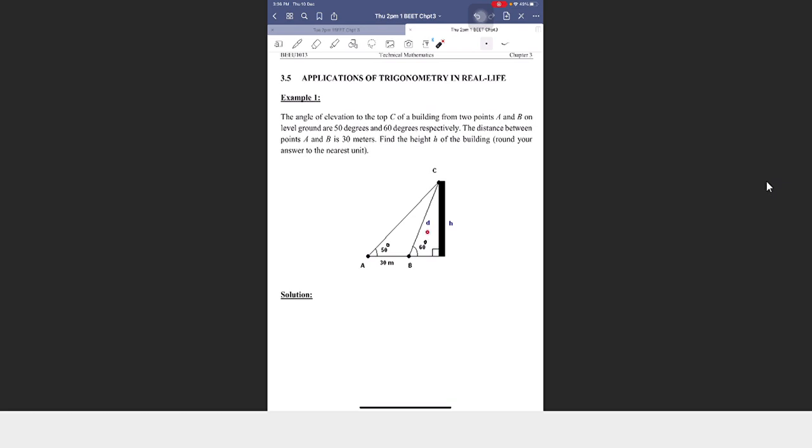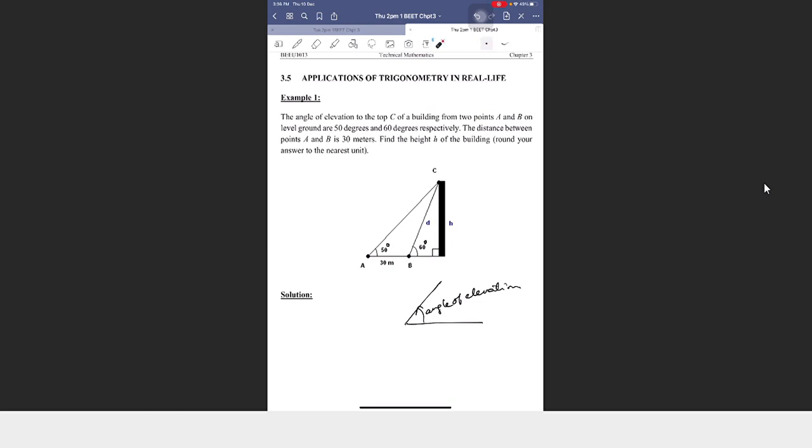These are what we call angle of elevation. So you have a horizontal line, and then if you have an angle like that, we call it angle of elevation, or elevation angle.